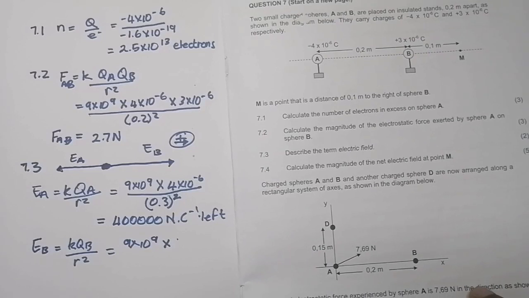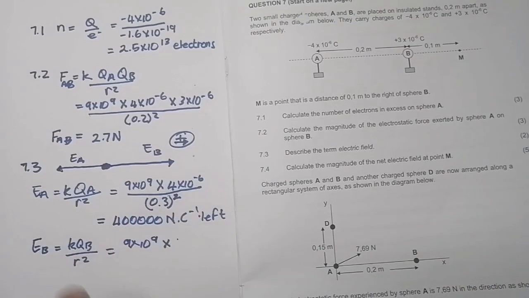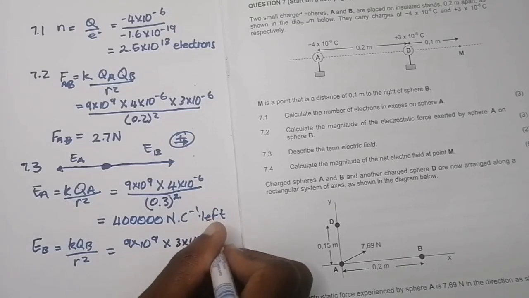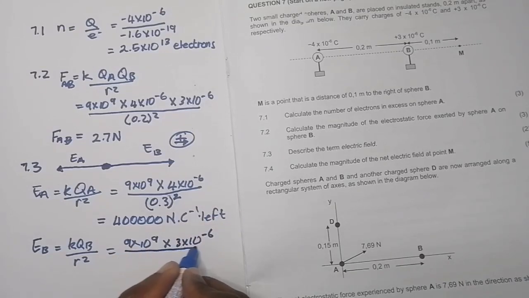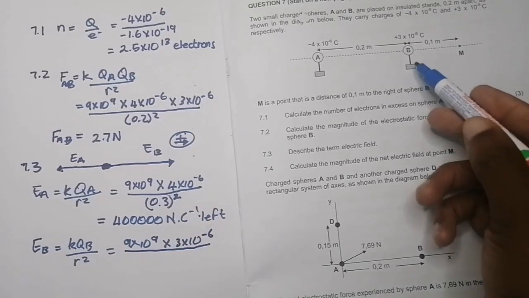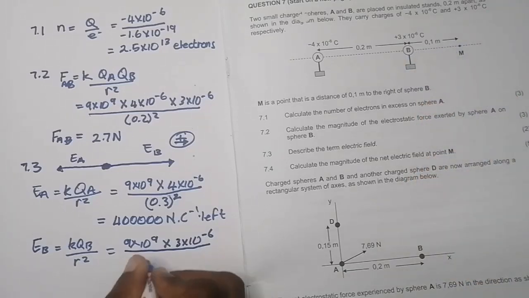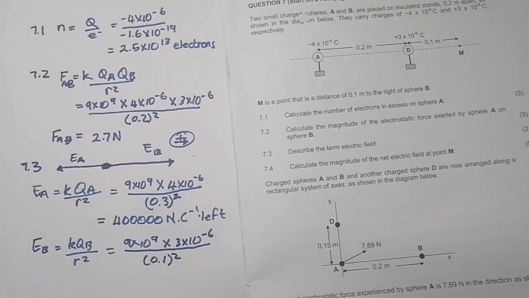Okay, I'm just going to bring that closer again so that you can see the picture. So that's 3 times 10 to the power negative 6, divided by, now the distance between B and M, that's 0.1. So this is 0.1 squared. Okay, right, let's find that field again.